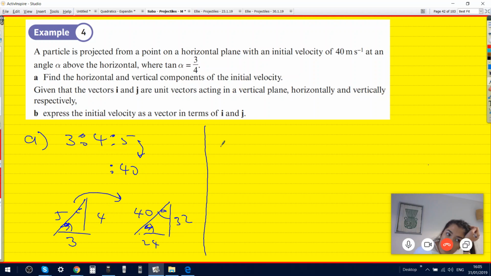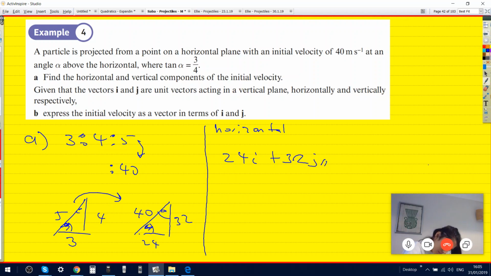And the vertical? 32. Seems like it's done to me. And so, how would you express those in i and j vectors? 24i plus 32j.